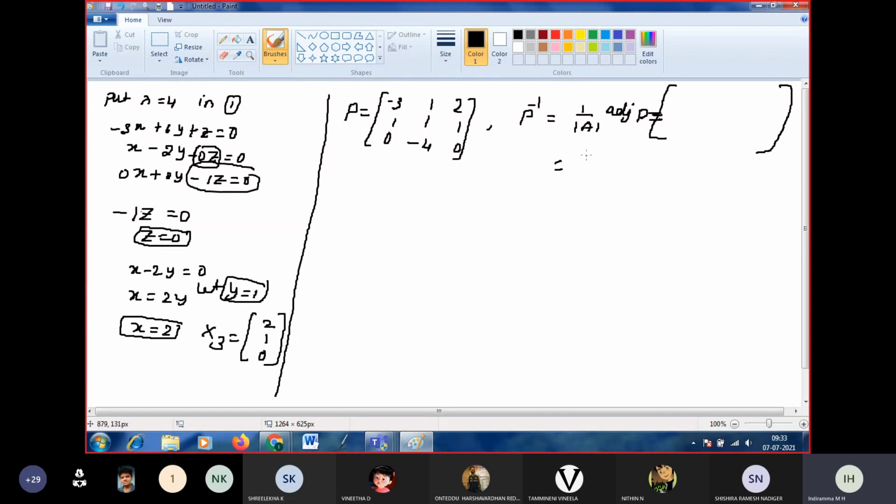So your determinant A you will get as -20, that is -1 by 20.